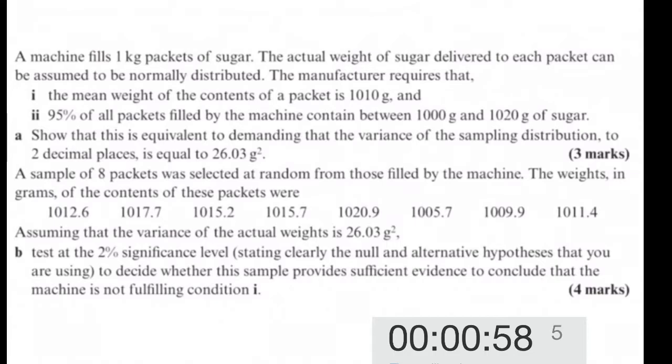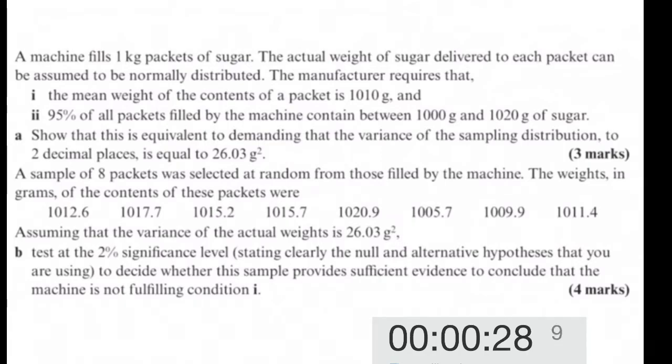How do you mean, Lucas? Never know the x values. Oh, x is the value that you've been given. So you're trying to show that it's between 1000 and 1020. So 1000 and 1020 are your x values. So you've worked out z and you need to put x in. X is what would also be on the x-axis of your normal distribution.